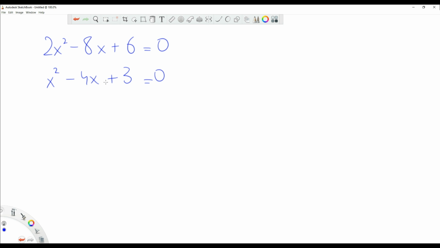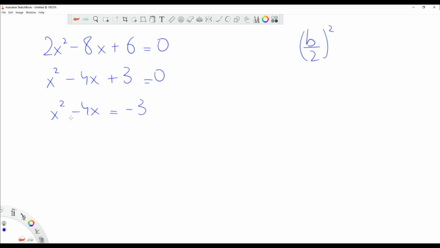Now I'm going to do the same thing as I did in the previous one. I'm going to isolate this expression, so that's going to be x squared minus 4x equals negative 3. Now, what do we do next? Whatever the b value is, we divide it by 2 and we take the square of it. So remember, b divided by 2 and then whole squared.